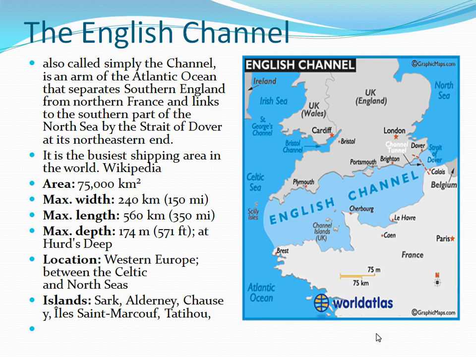In this channel you see a portion called the Channel Islands. Those islands were also under the British government, that means the English crown. They are a combination of several islands, and for this reason its name is the Channel Islands.